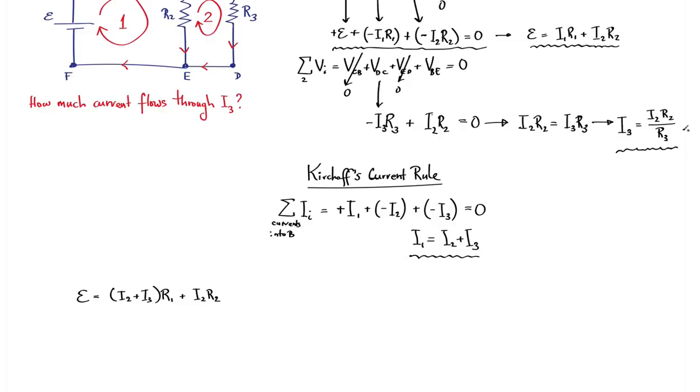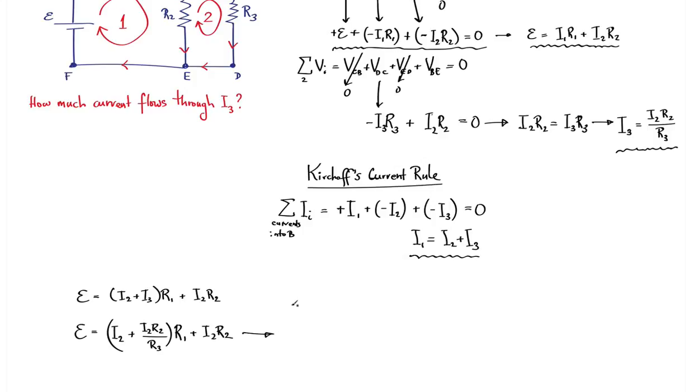And then I have this equation here, which relates I3 to I2. So I'm going to solve everything in terms of I2. Once I have it in terms of I2, I can just convert it into I3 because I know what I3 is, right? So basically then I have I2 plus I2 R2 over R3, times R1 plus I2 R2. Okay.